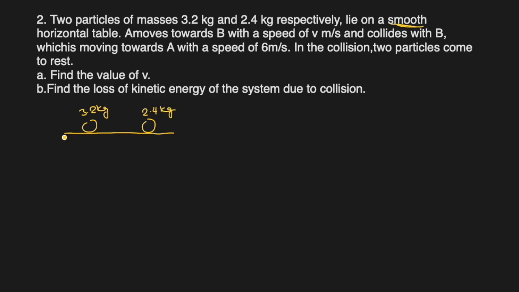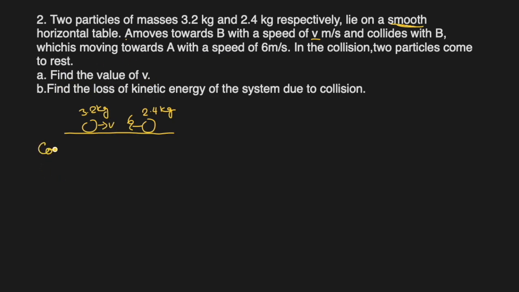B is moving towards A with a speed of 6 meters per second, and A moves towards B with a speed of V meters per second. So this is coming here at V meters per second, this is coming here at 6 meters per second. Okay, and they collide and they come to rest. Find the value of V.